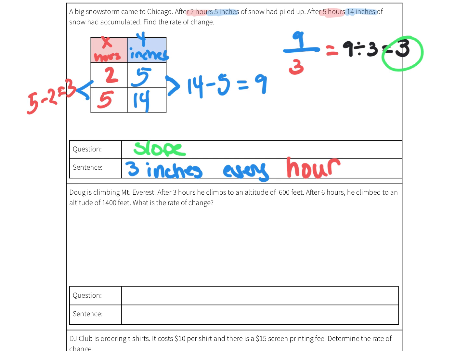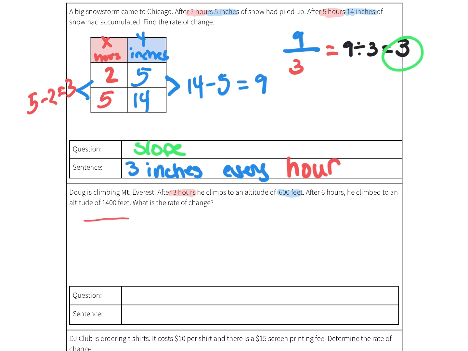After 6 hours, he climbed to an altitude of 1,400 feet. What is the rate of change? So first thing is after 3 hours, he climbs to an altitude of 600 feet. So I know that I'm comparing hours and feet.